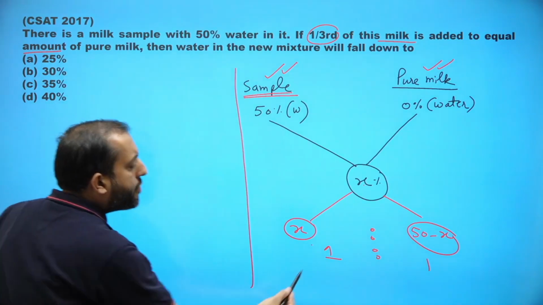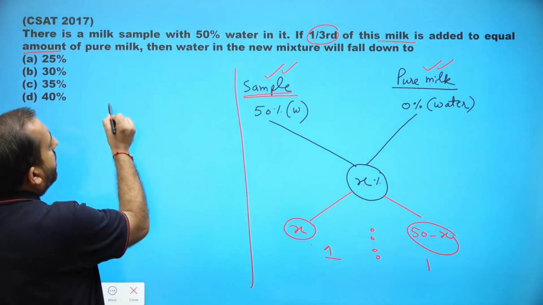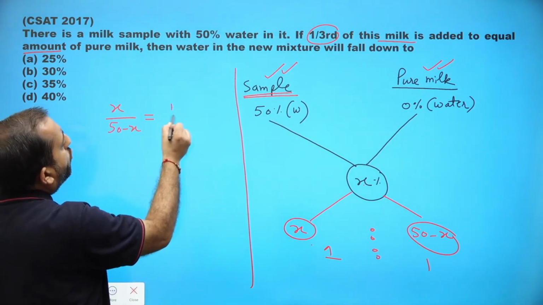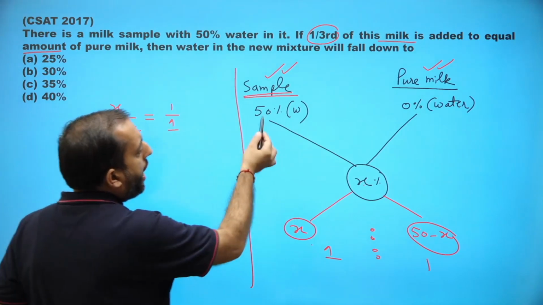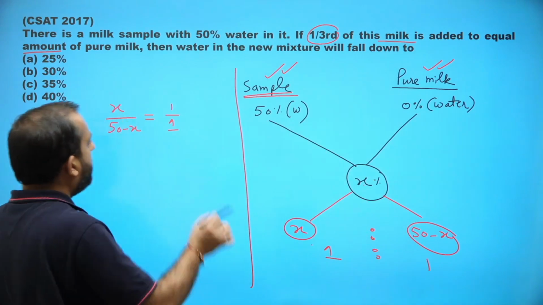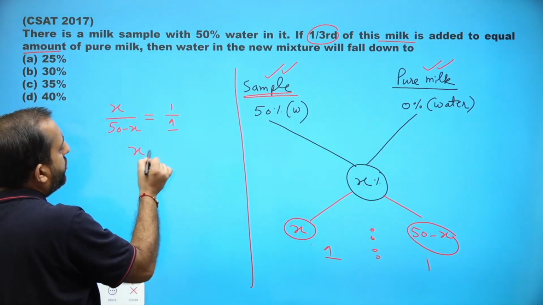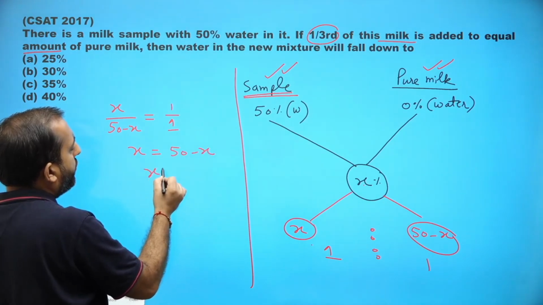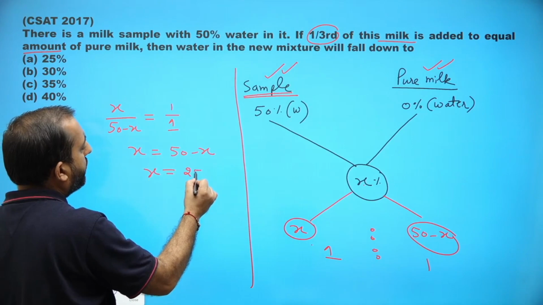Which means x upon 50 minus x should be equal to 1/1. I will attach these percentages later. If we solve this further, it becomes x equal to 50 minus x, and if you solve for x, it becomes 25.